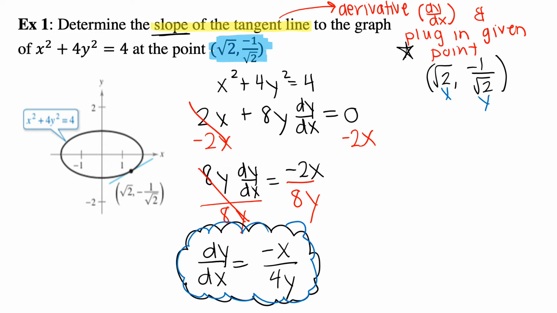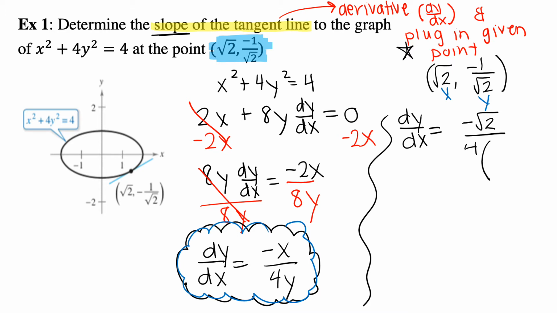So the slope at that given point, dy/dx, equals negative, our x is the square root of 2, over 4 times our y, which is negative 1 over root 2.